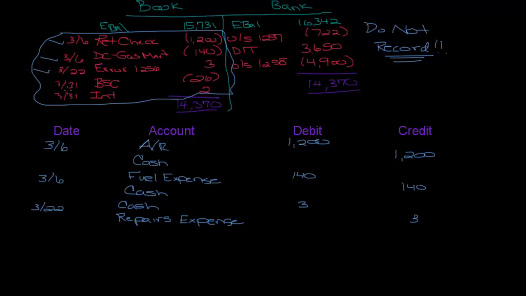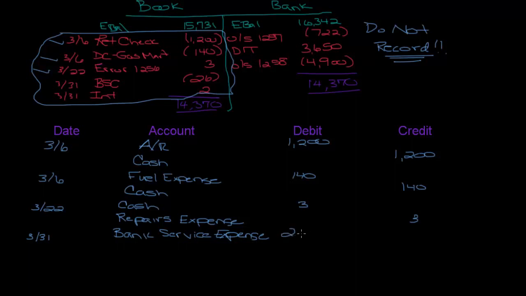And on 3/31, I'll write one journal entry for both of these. I've got a bank service charge. Bank service charge is an expense for $26. And then I've got interest income of $2. So on 3/31, I've got bank service expense, and that is for $26.